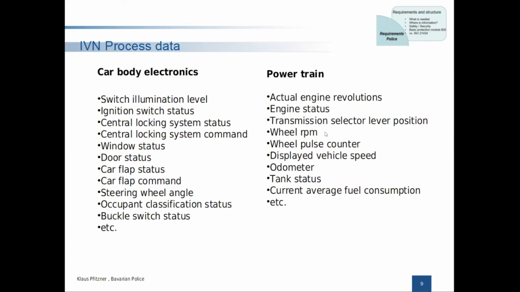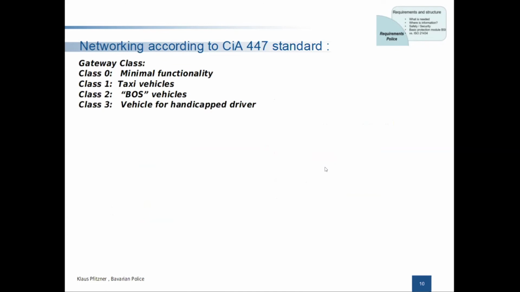At the powertrain, we want to get the tank status, engine status, and so on. And in order to be able to operate standardized specialized technology in the vehicle, a special vehicle network was developed.